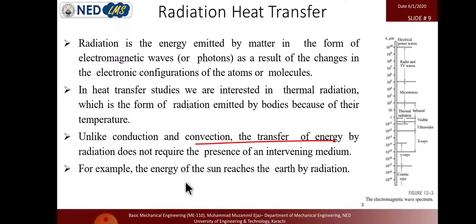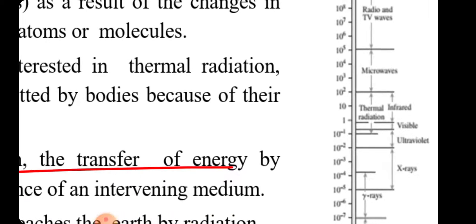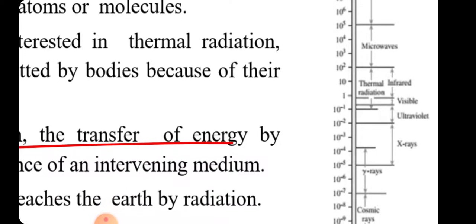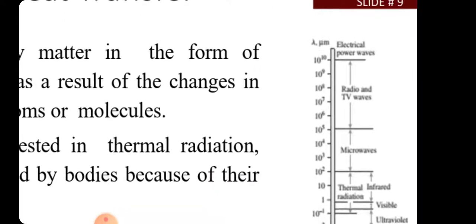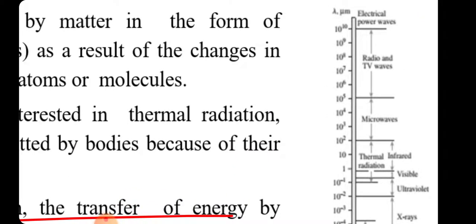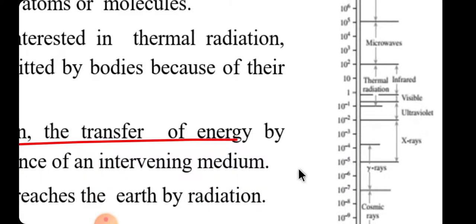For example, the energy of the sun reaches the earth by radiation, and we have this table. These are the wavelength values of different radiations like electric power waves, radio waves, microwaves. Microwaves are also nowadays used to heat up cooking food items. And we are interested in this thermal radiation.